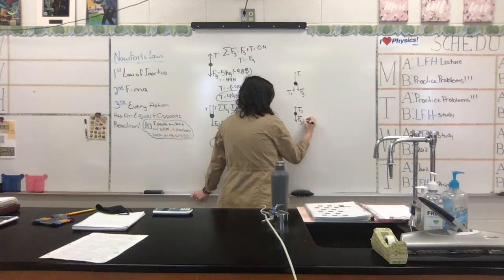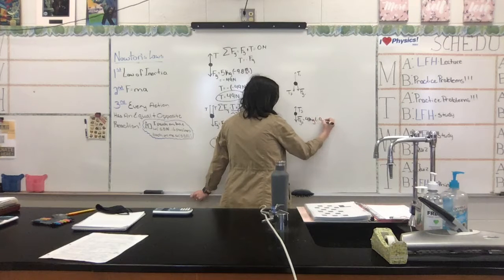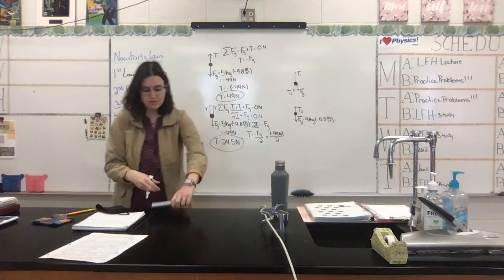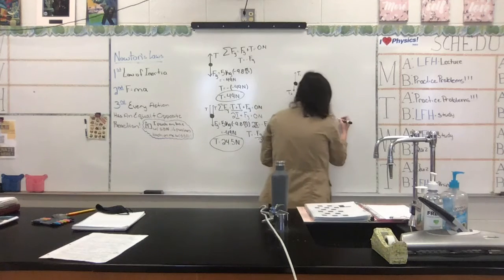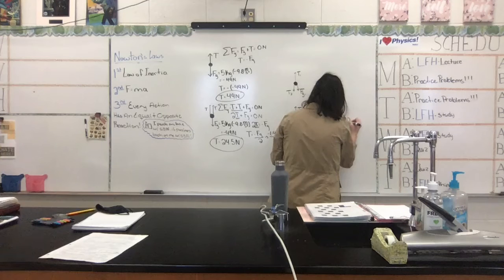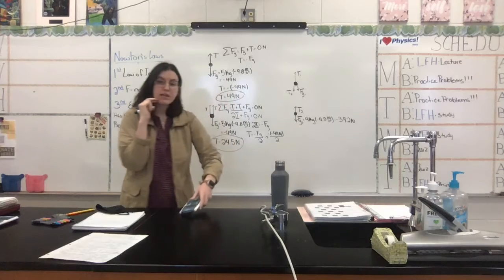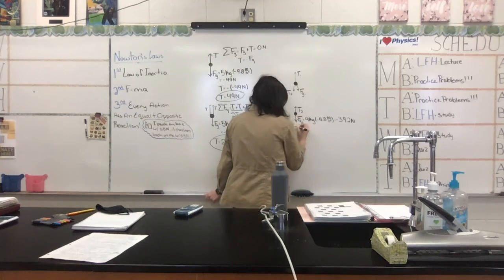So this is going to be 4 kilograms times negative 9.8 meters per second squared. And when we type that out, we get that it's equal to negative 39.2 newtons, all right?